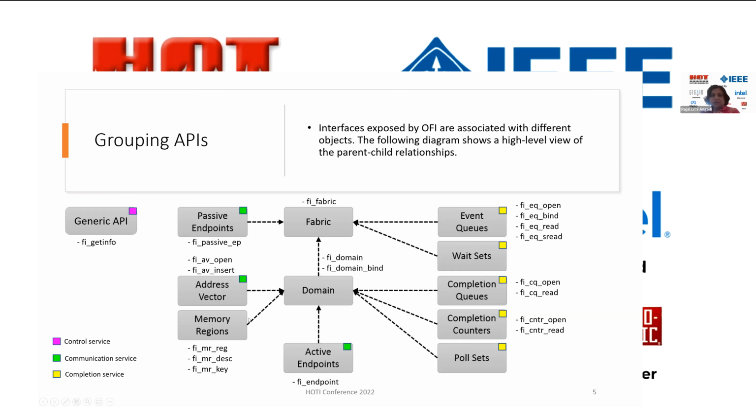And all the green ones show the communication services. Like I spoke, they are used for managing the connection, right? So we have address vector type of connection management. We have endpoint management through FI passive endpoint and FI endpoint.